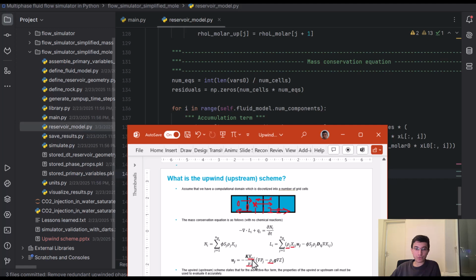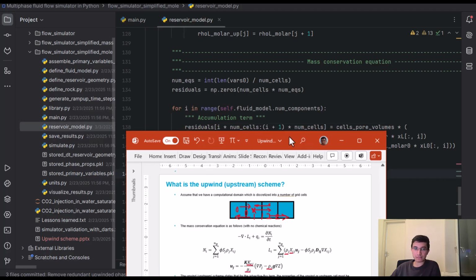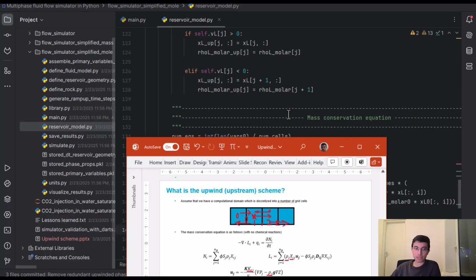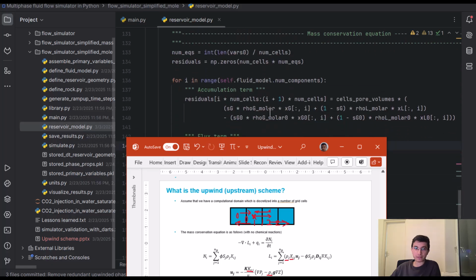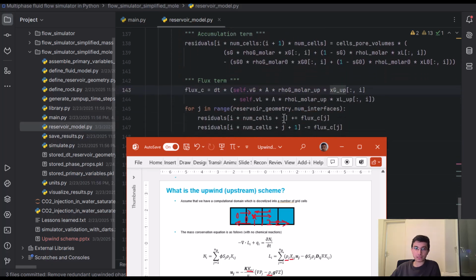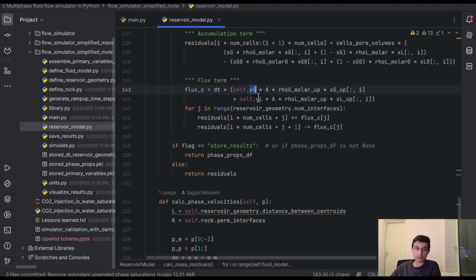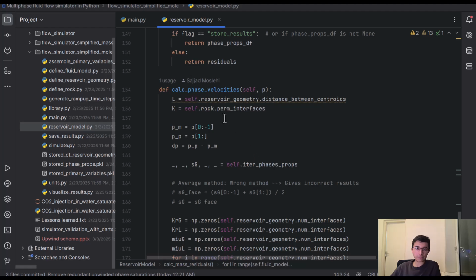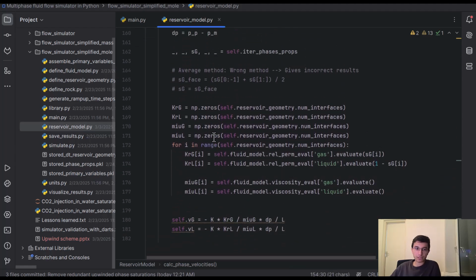But as I mentioned before, we also have these two variables which need the Upwind scheme, phase relative permeability and phase viscosity, which are used for the evaluation of phase velocities. Phase velocities we have here, which are Darcy's velocities, and they are evaluated in this function, calc phase velocities.